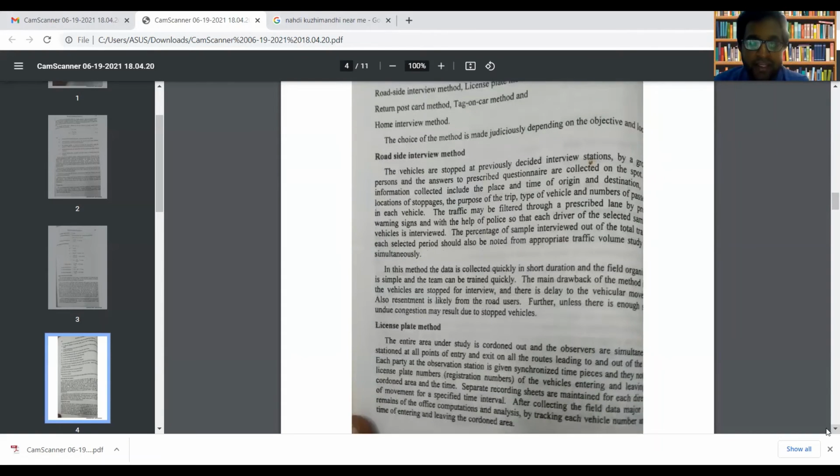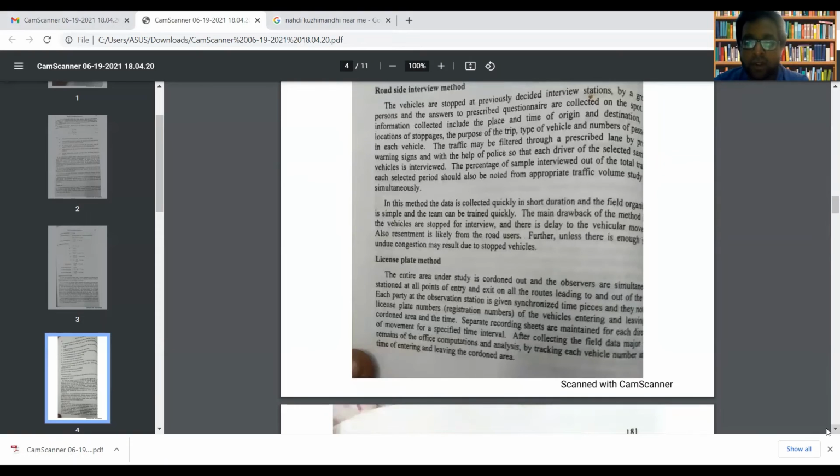Second one is the license plate method. In the license plate method, a study area is already selected and observers are stationed at all the points of exit and entry, the exit and entry points that are leading to and out of the particular study area. Now, at the observation station, the people are given synchronized timepieces, synchronized watches.